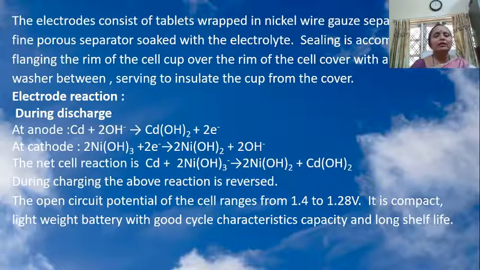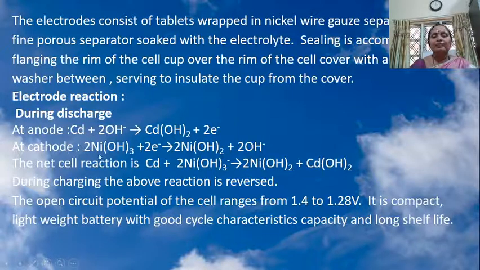Now coming to the electrode reactions. During discharge, at the anode, cadmium combines with hydroxyl ions to form cadmium hydroxide and 2 electrons are liberated.